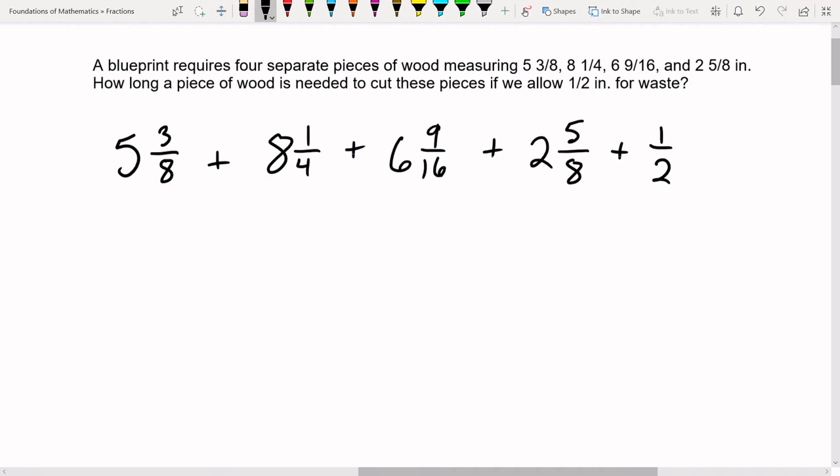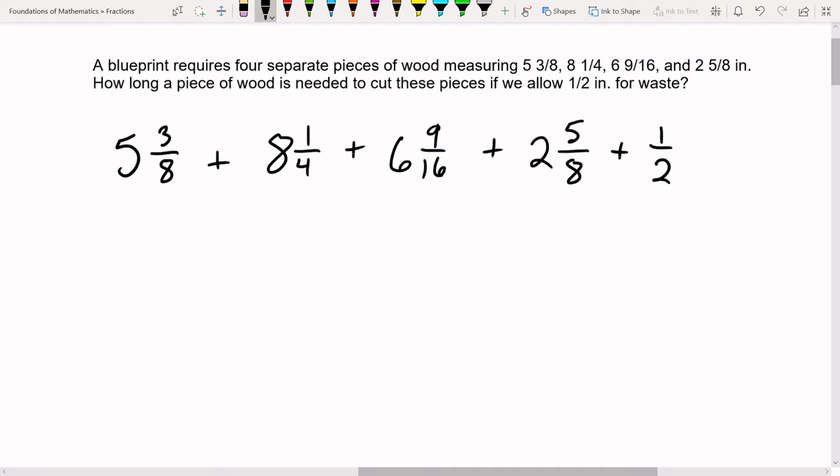We can make them all the same denominators quite simply because of the measurements: 2, 4, 8, and 16. These are all divisible by 2. We can also change to improper fractions first and add them up, then change back in the end. Either way works.